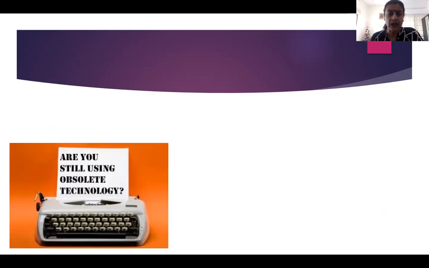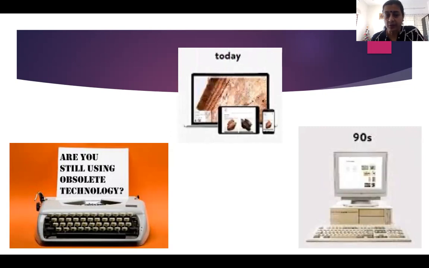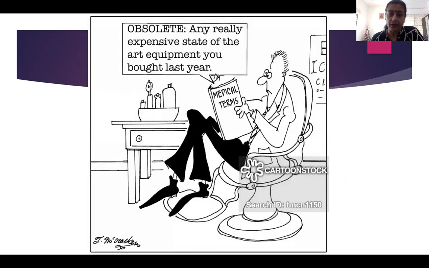extinct. Similarly, when I was in grade 12, I gave the typewriter exam, but many of you might not have even seen a typewriter. Then came all those heavyweight desktops, but now we are using the smartphones and tablets, and now even the laptops have become convertibles. So again, things are evolving day by day, month by month, and year by year.